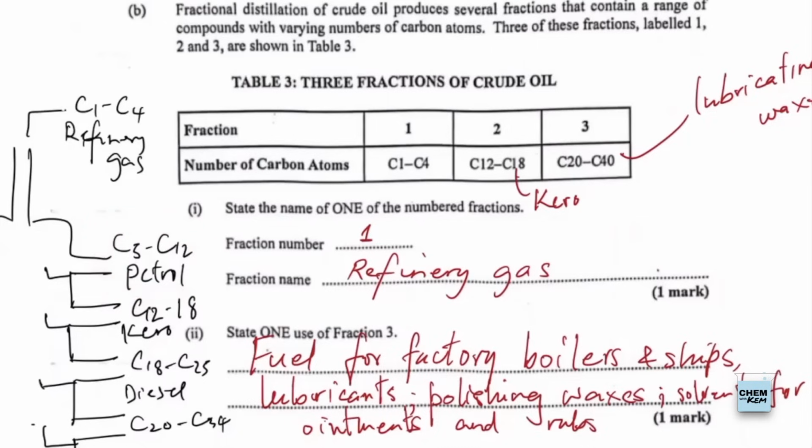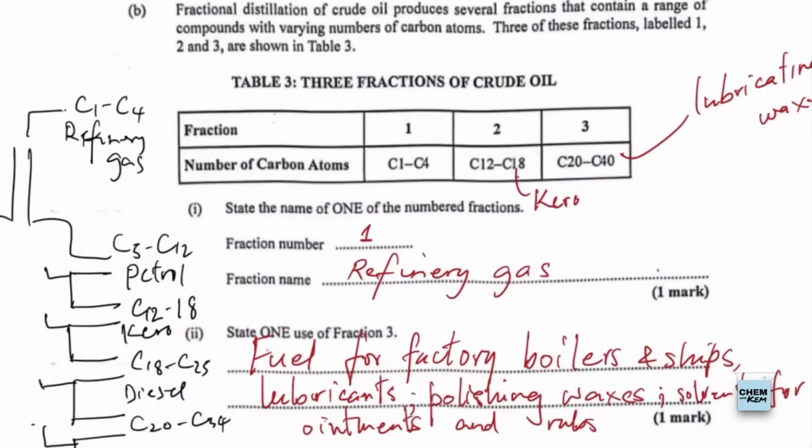Naphtha would fall a little below, like C5 to around C9, C10, but you won't always see naphtha being represented. Then you'd have 12 to 18, which would be kerosene, 18 to 25, which would be diesel, and then around 20 to 40 would be lubricating oils and waxes.